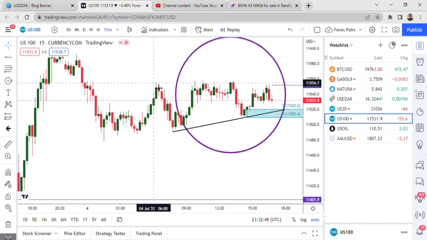Not this thing of people opening a chart on just one time frame, and then already they're drawing an arrow showing you where the price is going to go, and then you believe them. Nah. How did you know that? How do you even predict such? It's like you're just guessing. I can't tell you where US 100 is going to go just by looking at M15 alone. No, guys, we can't play like that.